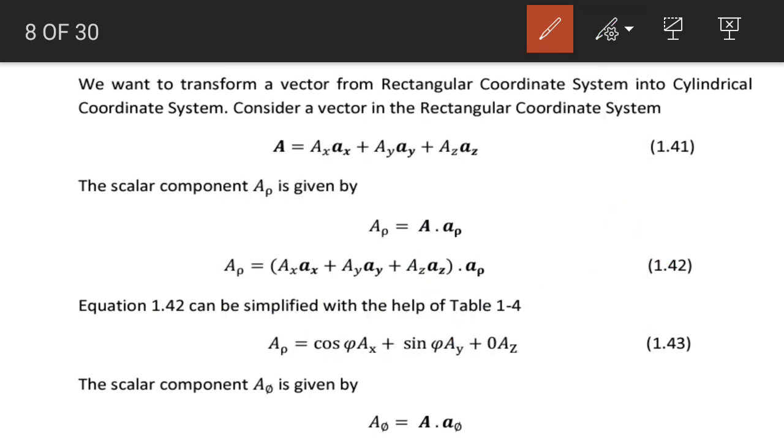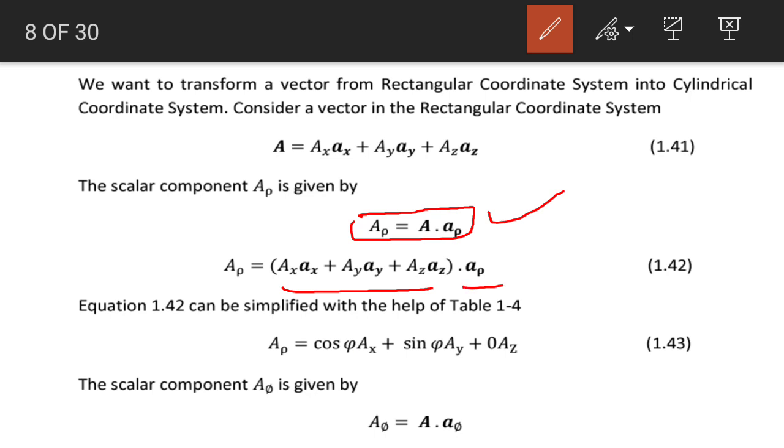So let us calculate the rho component of this vector. The rho component of this vector will be equal to A dot A rho. So we know all the three components of A, and then we consider dot A rho over here.